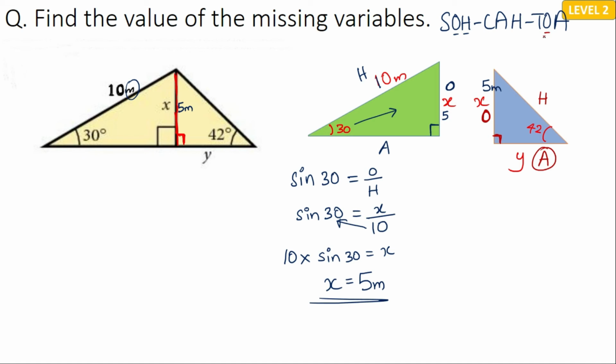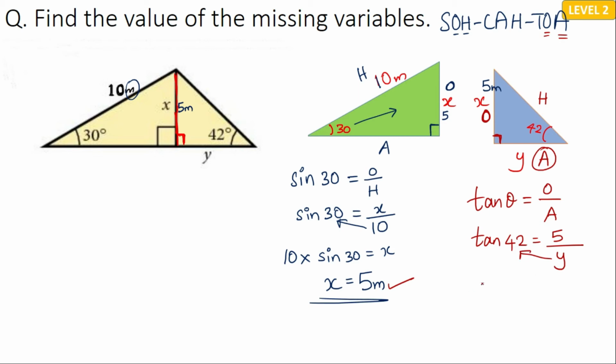So O and A. So that's a clear tan that you will use. So tan theta is equal to opposite over adjacent. So tan 42 is going to be, O is X, which is already found to be 5 meters. So 5 over the adjacent, which is Y.